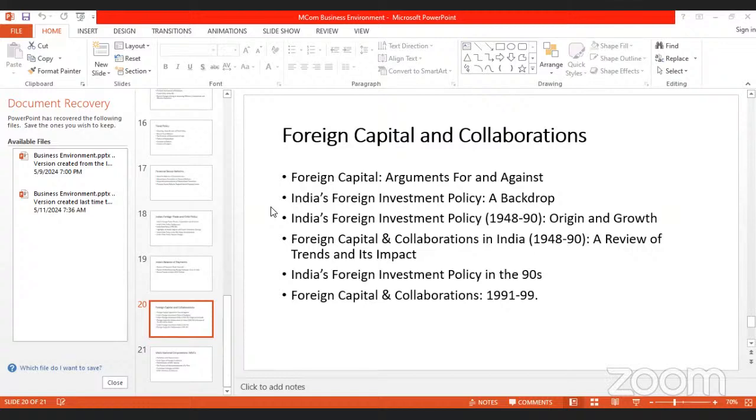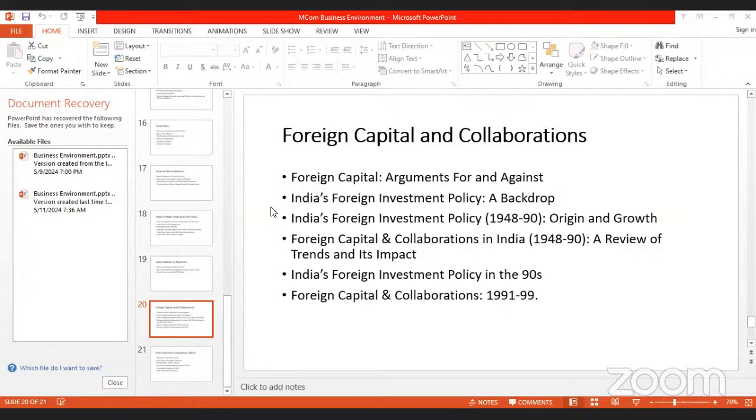Entry of foreign firms can disrupt domestic industry, leading to potential job losses and business closures. Next, the fifth argument is cultural impact. Foreign investment, especially in media and retail, can lead to cultural changes and influence consumption patterns as well.